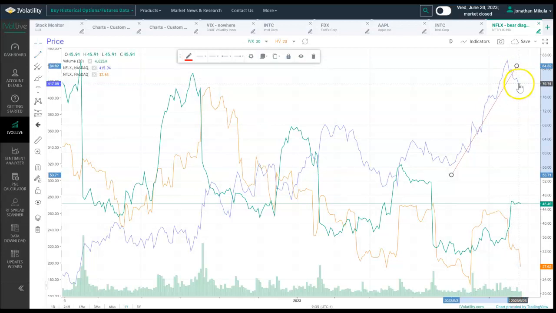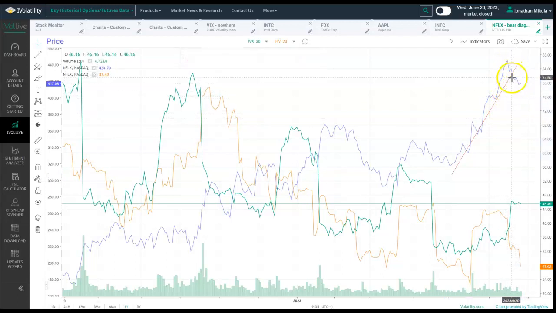So the Netflix price, which is in blue, has fallen below this uptrend that Netflix was experiencing really since early March of this year. And so our legend here is we have price in blue, implied volatility in green, and historical volatility in orange. And what we can see is that implied volatility is increasing while price is decreasing, which makes sense. It's that inverse relationship.